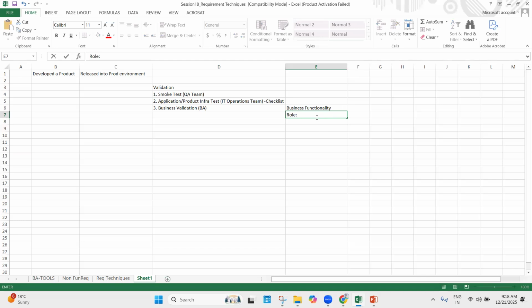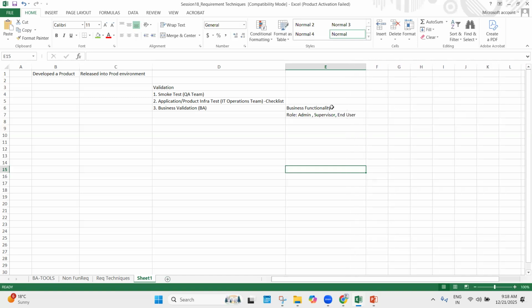First one is an admin, then we'll have a supervisor role, and then the end user role. Now the IT operations team will provide access to the BA as the admin role.